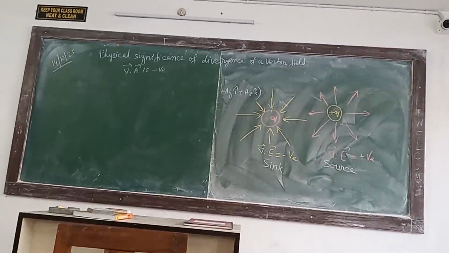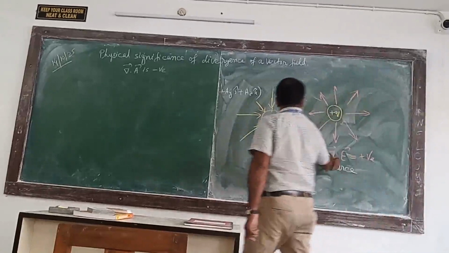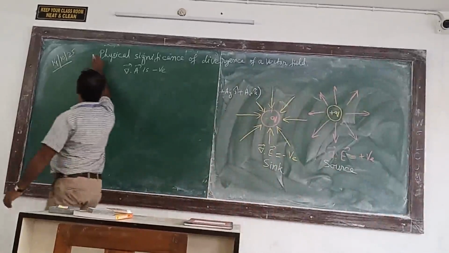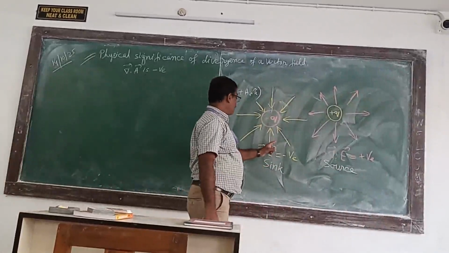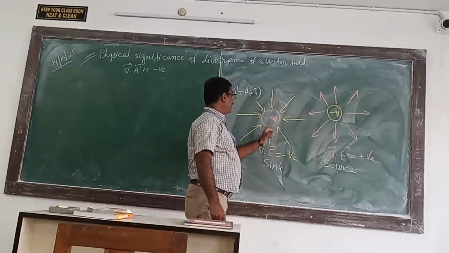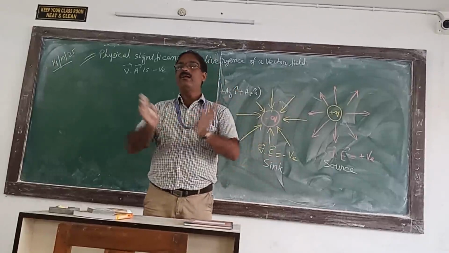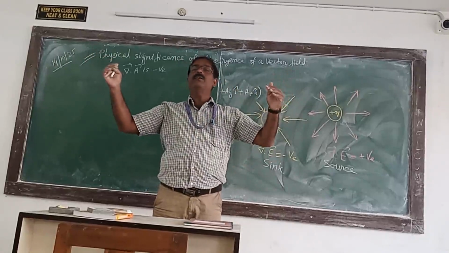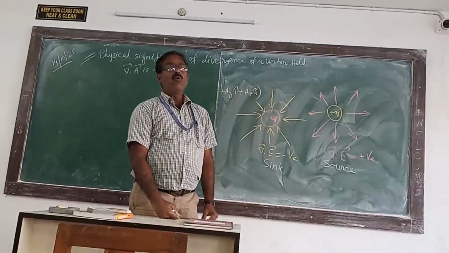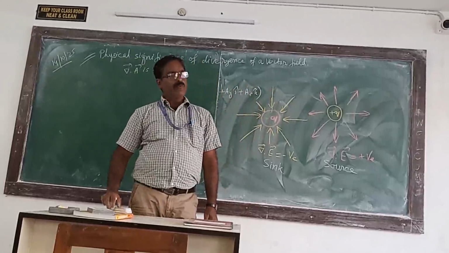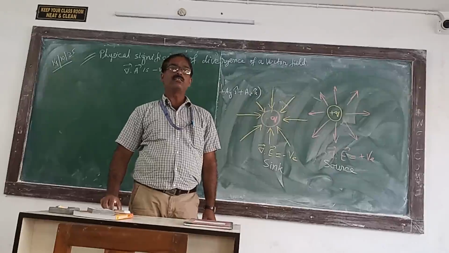Now, solenoidal vector. So we can say that if the divergence of E is positive, then that is a source, and if the divergence of E is negative, then it is a sink. In the positive case the field lines are coming out, and in the negative case they converge at the point. Now, if the fields are parallel to each other, not converging, not diverging, then what happens?